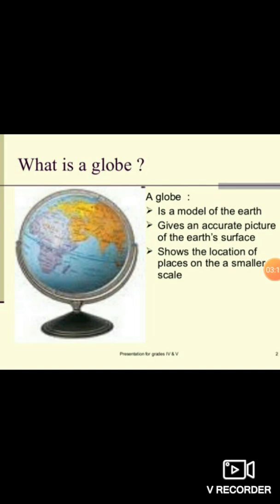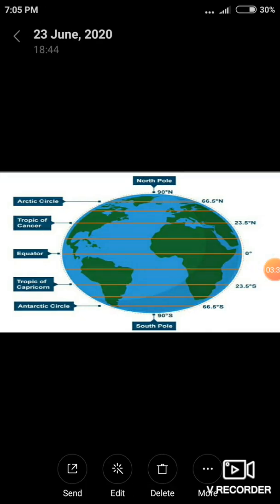Look at the globe. You can see many vertical and parallel lines. At the center, one imaginary line running on the globe divides the earth into two equal parts. Have you seen that? This line is known as the equator.